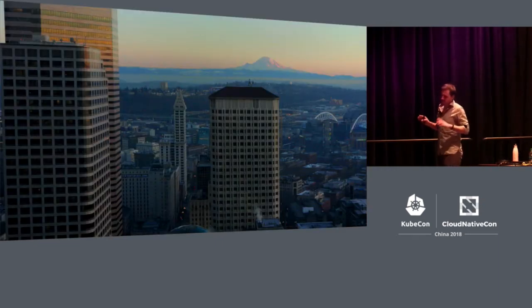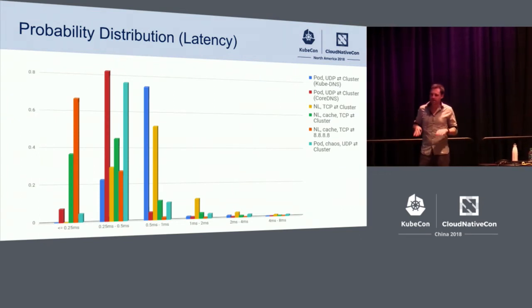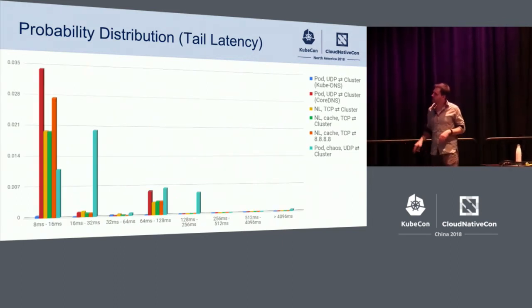Interesting enough, because we're looking at the performance, UDP drop packets won't yet show up. So our graph for the chaos doesn't really show anything interesting. But if we look at the tail latency, we can see the difference.